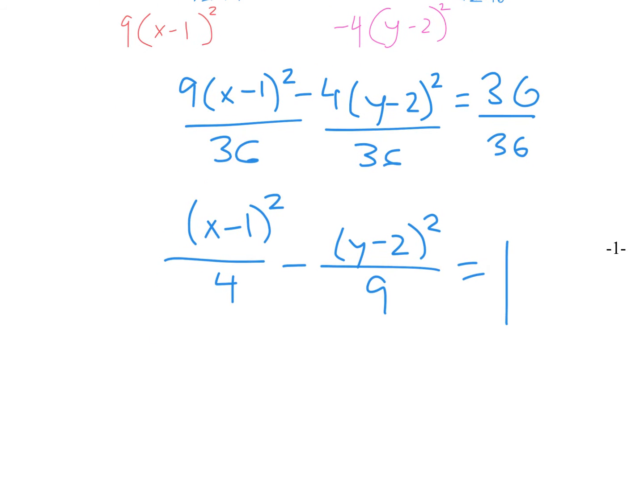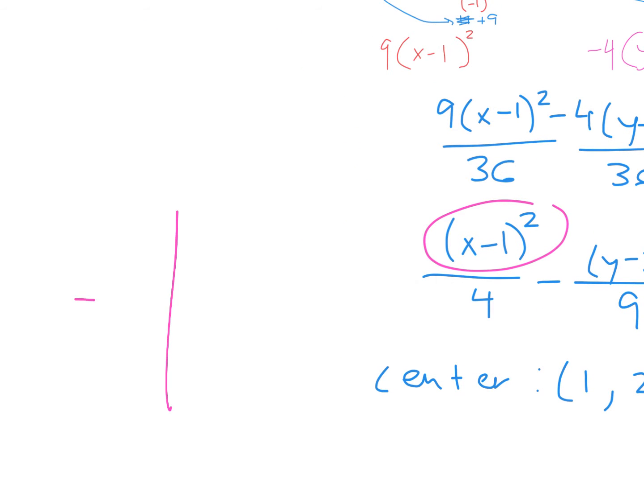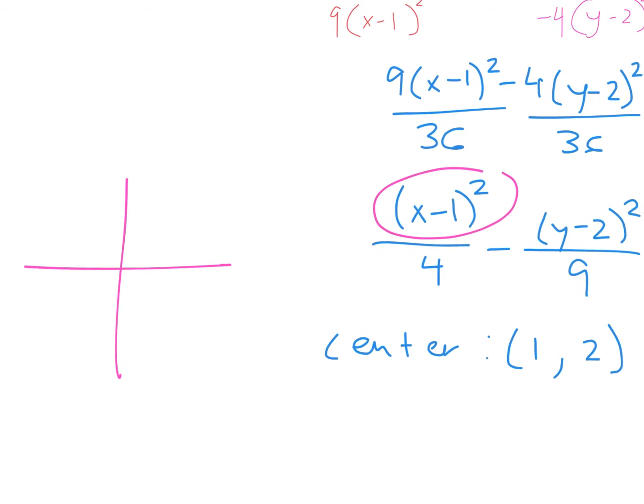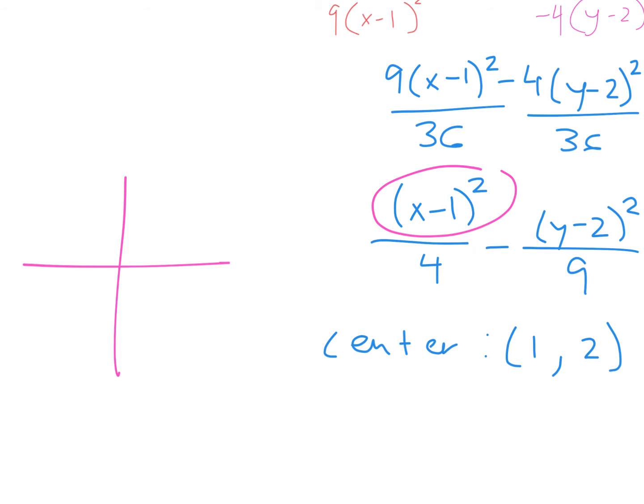So what's my center of my hyperbola here? 1, 2. Careful because this is the x, so that comes first. 1, 2. And then I'm going to just put it over here on a graph so I can see where my vertices and my foci are going to be. So I'm going to go to the right 1, up 2. If my x comes first, am I going vertically or horizontally to put my vertices?